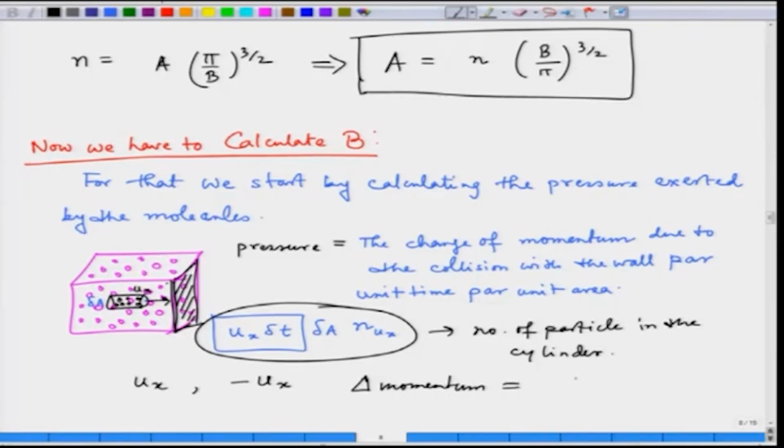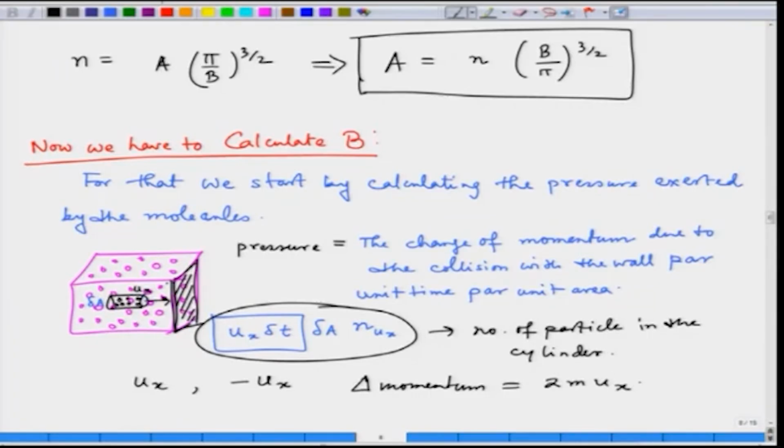We are only considering the momentum change along the x direction, not in the other directions. They can have momentum change in y and z directions, maybe 0, maybe non-zero, but we are now considering what happens in the x direction. So, in the x direction they will have a momentum change of 2 m ux.